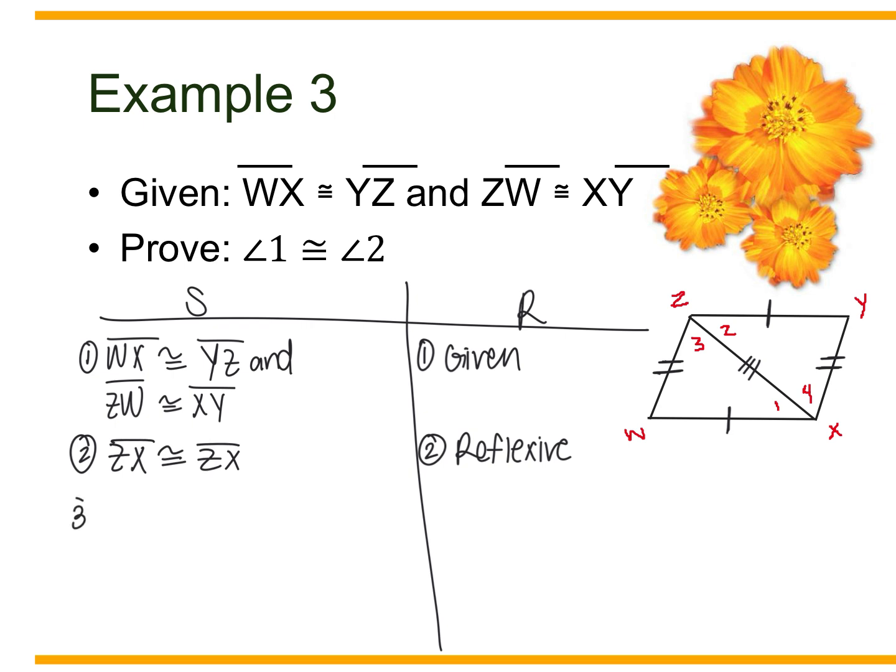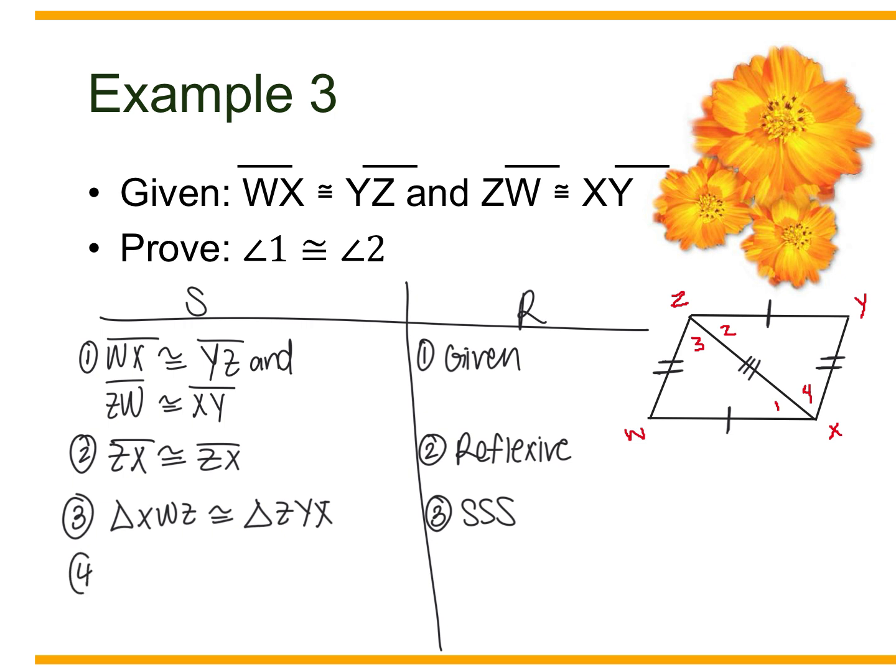By what? Triangle XWZ is congruent to triangle ZYX by what? Yep, side, side, side. But I'm not proving if they're congruent. I'm proving if angle 1 and 2 are congruent.